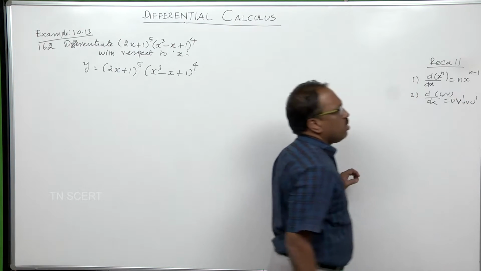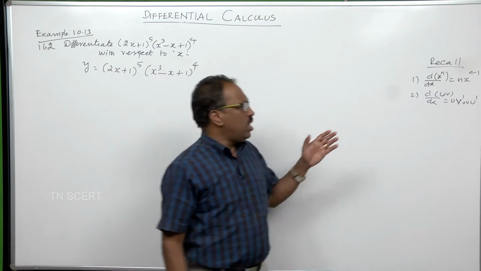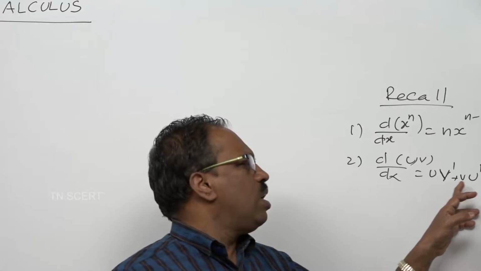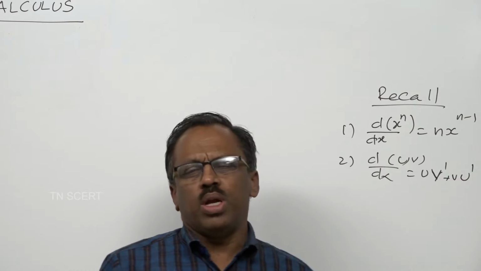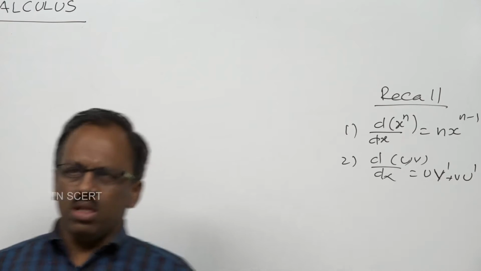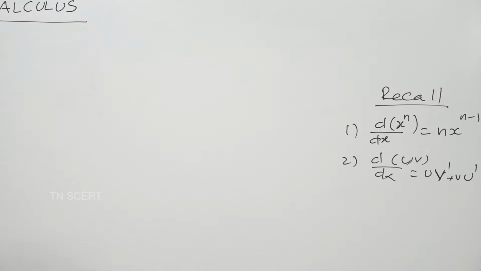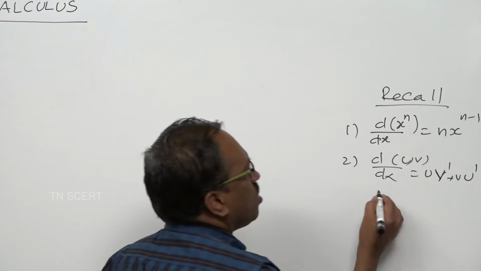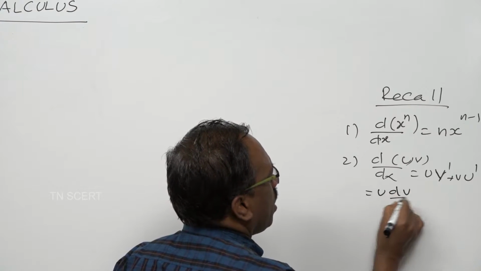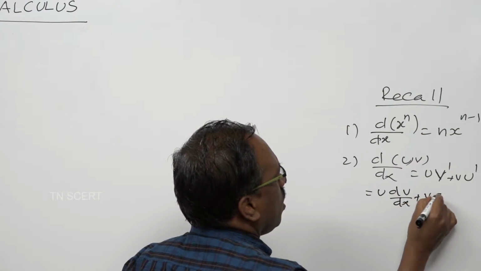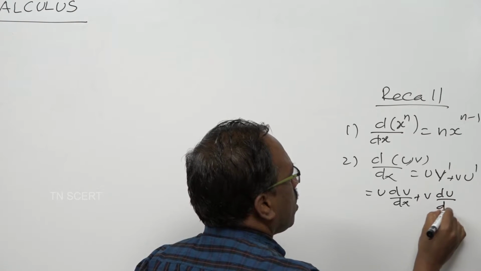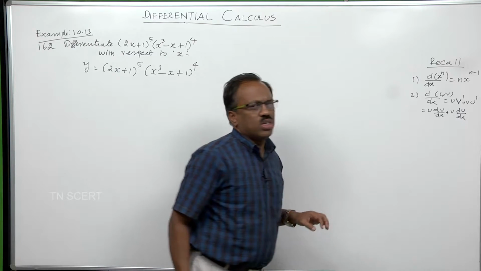Otherwise, u dv by dx plus v into du by dx, where v dash means dv by dx. Like this we have to differentiate: u dv by dx plus v du by dx.